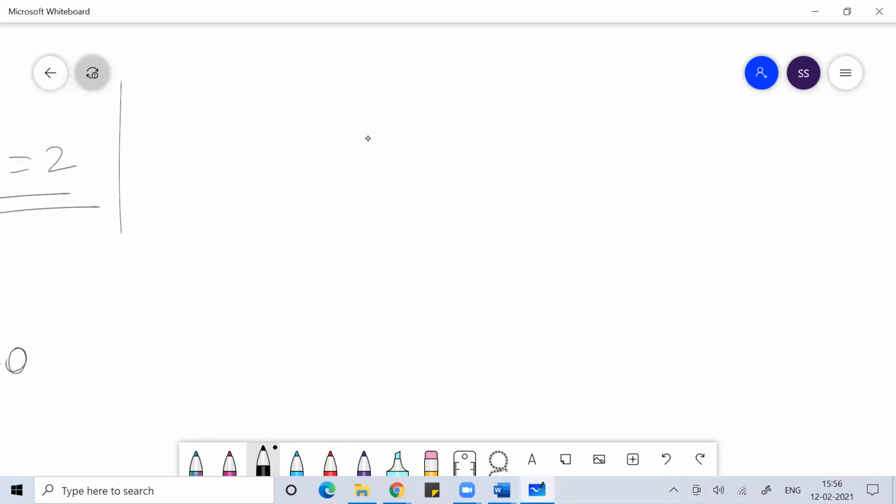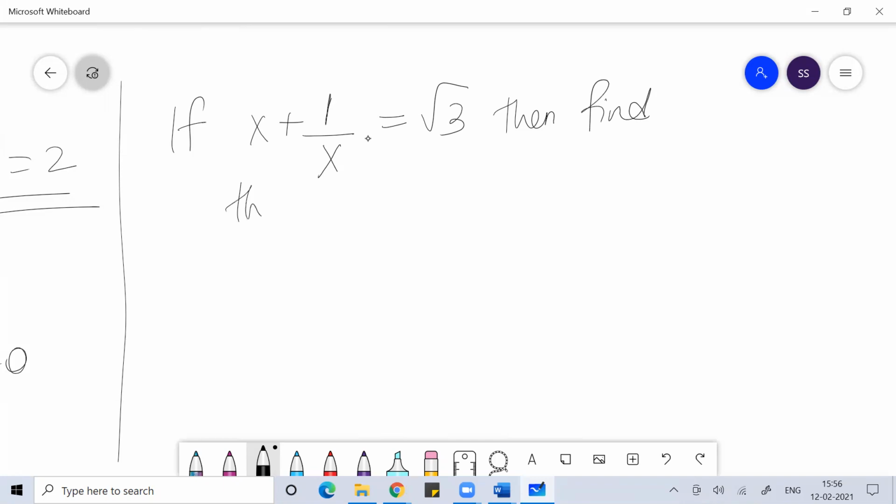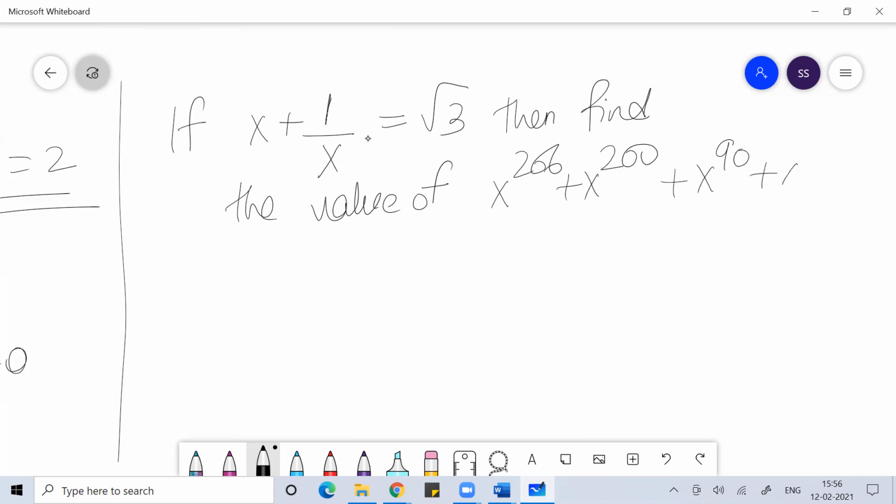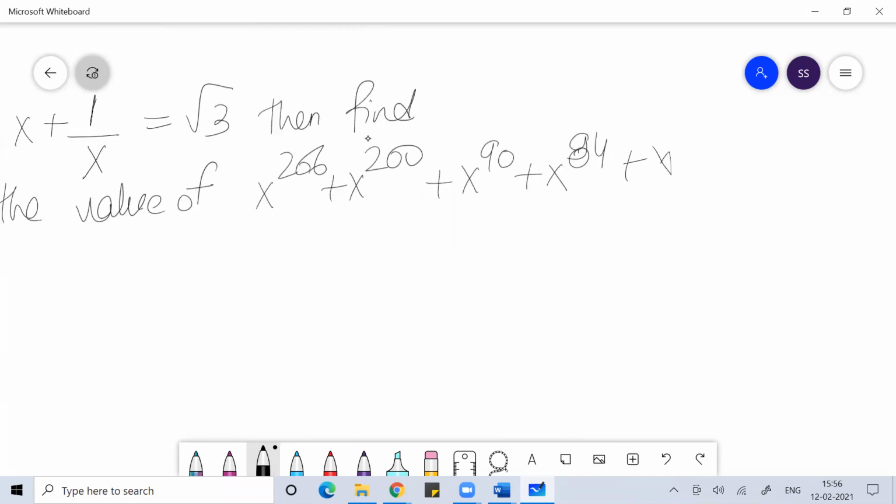You may get a question something like this: if x plus 1 by x is equal to root 3, then find the value of x to the power 206 plus x to the power 200 plus x to the power 90 plus x to the power 84 plus x to the power 18 plus x to the power 12 plus 1, something like this.